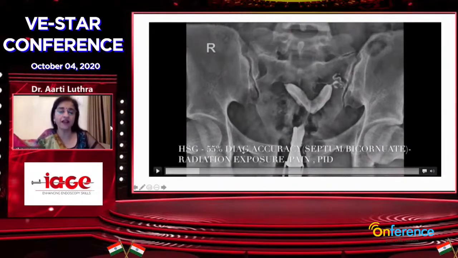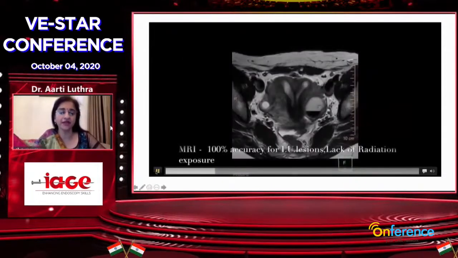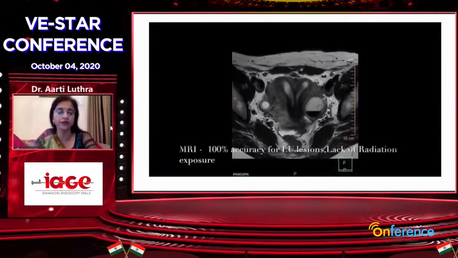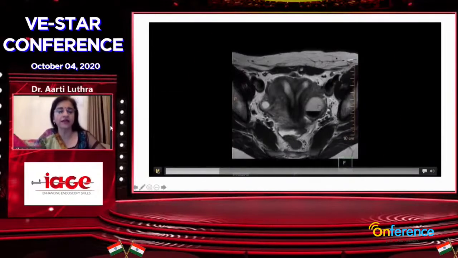It is 55% accurate in differentiating septate and cornuate uterus. The side effects of HSG would be pain, PID, and radiation exposure. MRI is a very good modality which is almost 100% accurate for intrauterine lesions, but it is a costly affair. It's very good if we have doubt about the cavity.